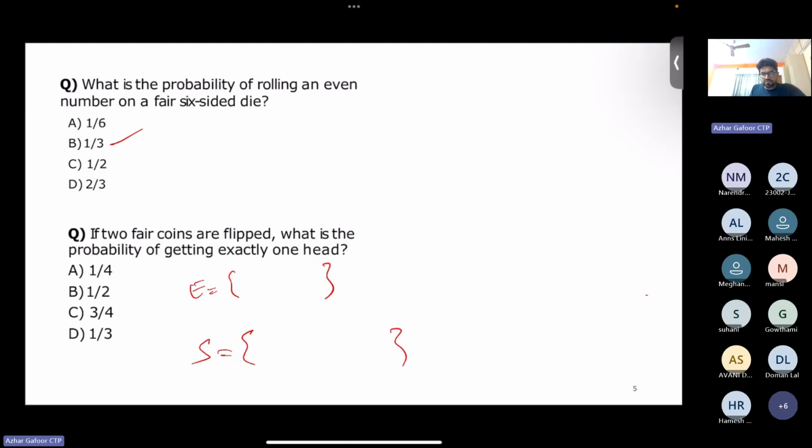First coin can be head, second coin can be head. Then first coin head, second coin tail. Then we have tail head. Then tail tail. So it's only 4, right? Yeah, I got it, sir. Total sample space is 4. Somebody has answered it as 1/2. So 1/2 is the correct answer, and in the event we will have 2 elements, that is HT and TH.